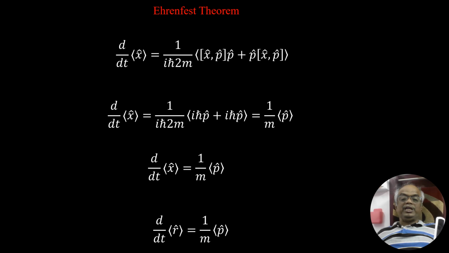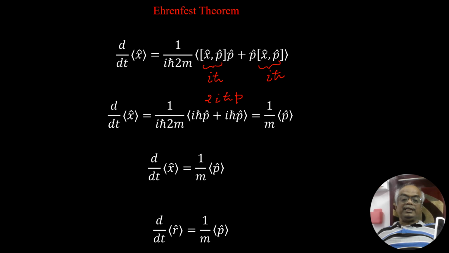So now we got this expression: the commutator of x with p is i h cross, and here also i h cross. So i h cross is a number, you can bring this back and forth. So this can be written as i h cross p. Here also i h cross p, which, if you add these two, you will get 2 i h cross p.